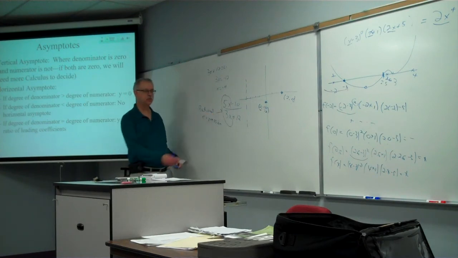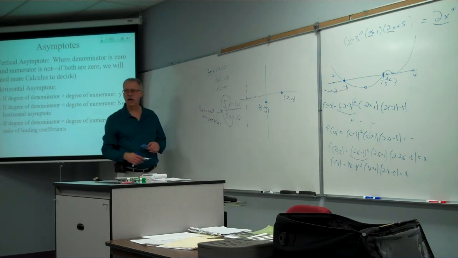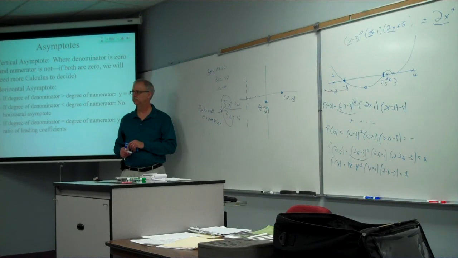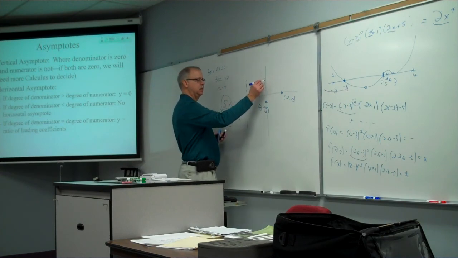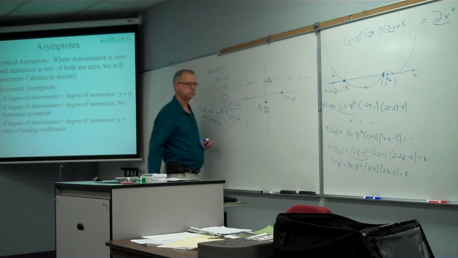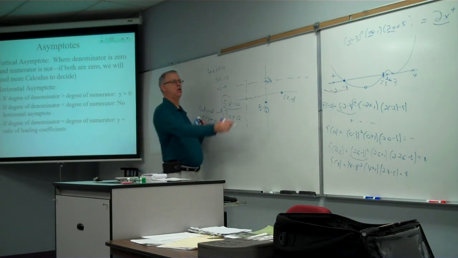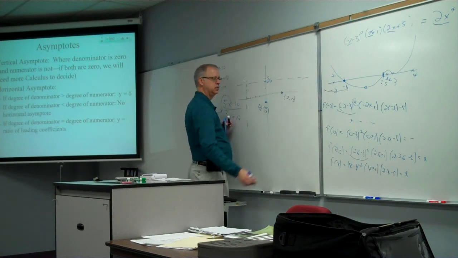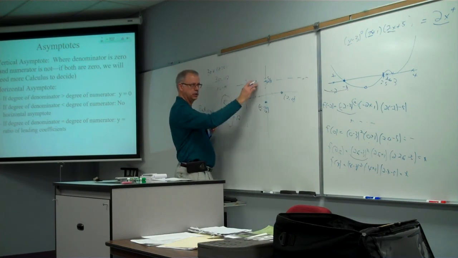So we can drop the rather insignificant portion when x is really big. What is 5x over 3x? The x's cancel and we get 5/3. That's our horizontal asymptote. As we head to infinity or minus infinity, we get really close to the curve. Really close to this line.